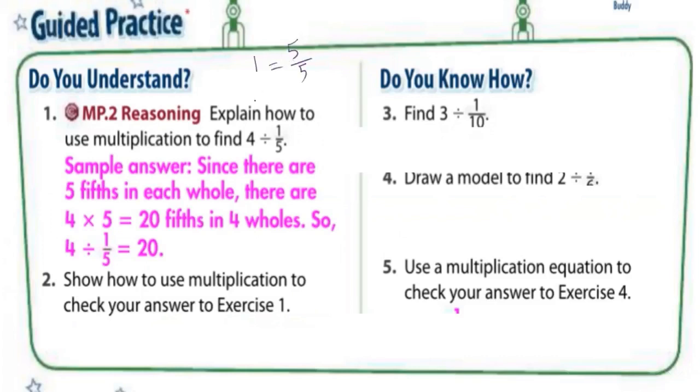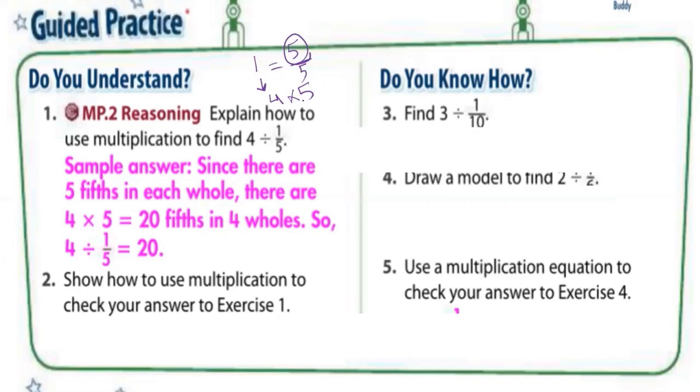Okay, so I can select 4 of that, to be multiplied by the number of pieces found, 5 fifths in each whole. There are 4 times 5 equals 20 fifths in 4 wholes, so 4 divided by 1 over 5 equals 20.